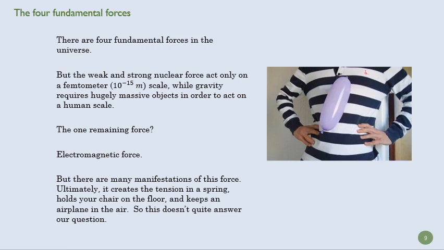That's what's holding up your chair on the floor: molecules in the wood floor don't want to be split apart from each other, and they're going to be compressed, and that presses them together, and electromagnetic forces push back up on your chair. All of this stuff has to do with electromagnetic forces. Still, that doesn't quite answer our question.